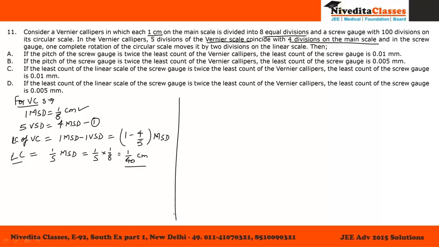Okay, now let's take the screw gauge. In the first two options it is given that the pitch of the screw gauge is twice the least count of the vernier caliper. So for options A and B, our pitch will be 2 times the least count of the vernier caliper, which is 1 by 40 centimeter.